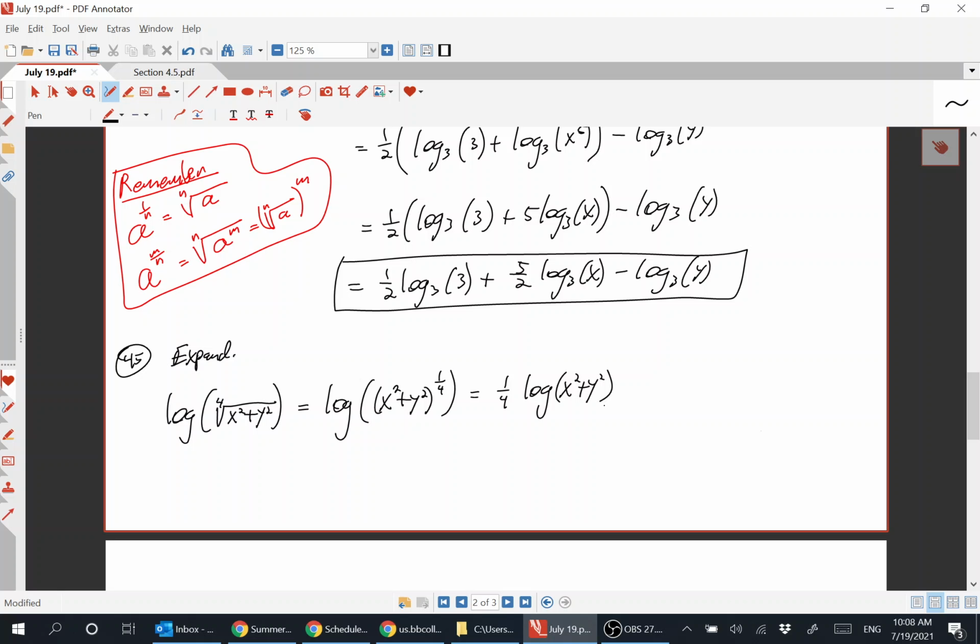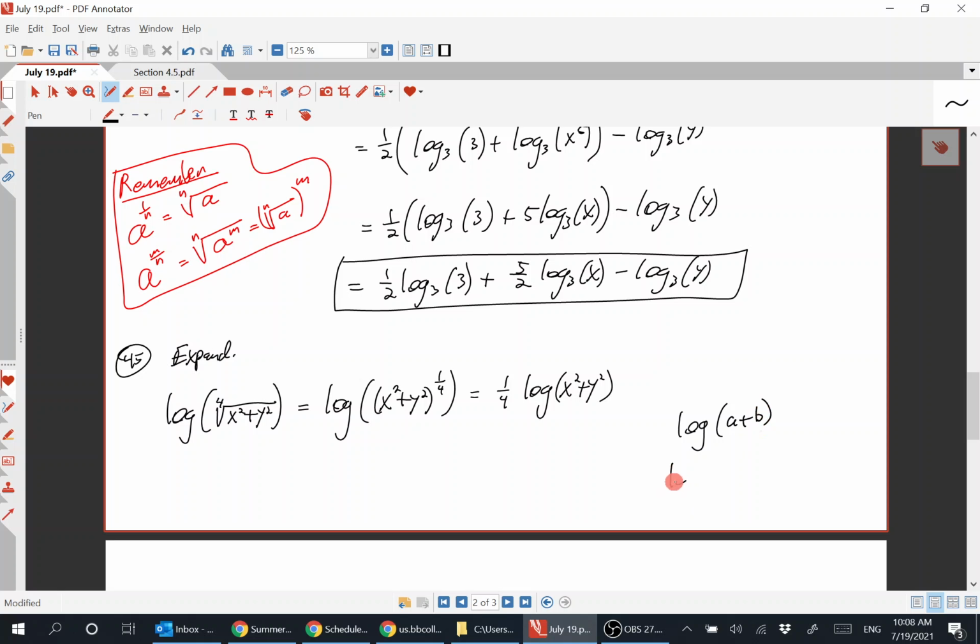Then what? Trick question. What else can we do with that? Nothing. Okay, when you have a sum inside the log, you can do nothing with it, other than deal with it as it is. There's no way to split apart log of a plus b.